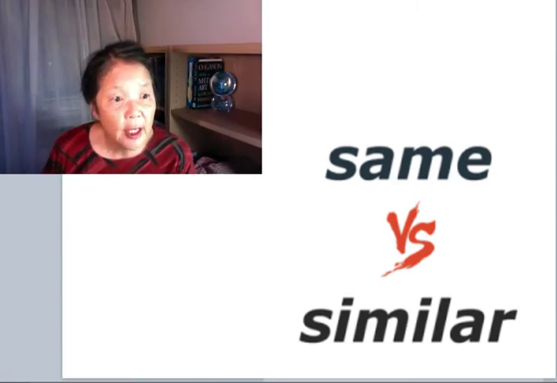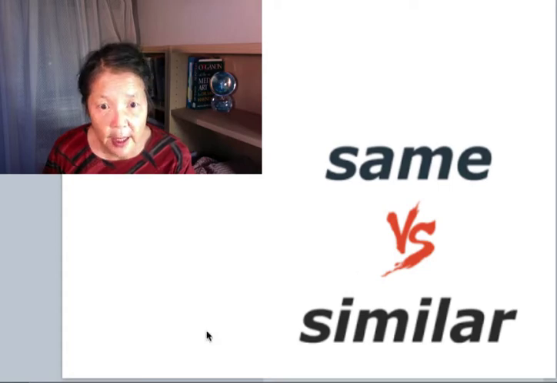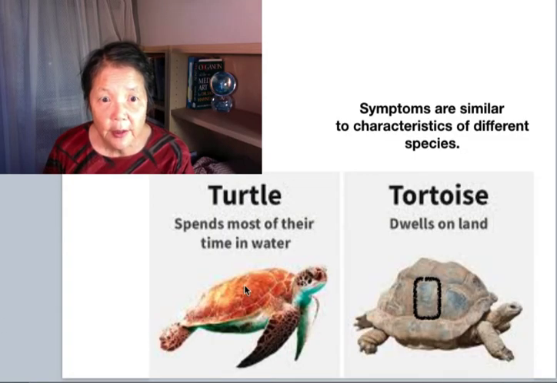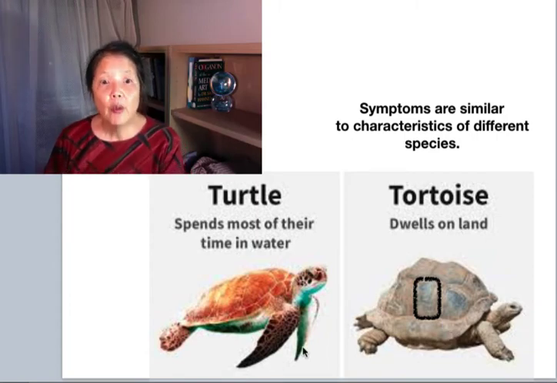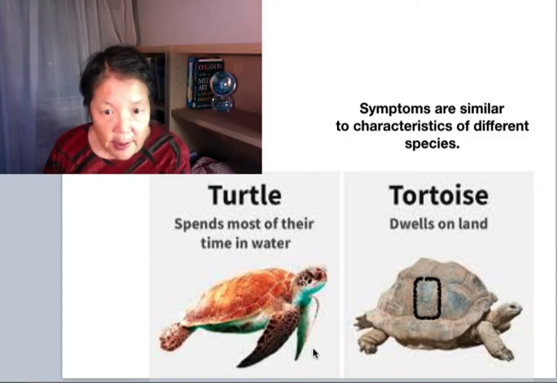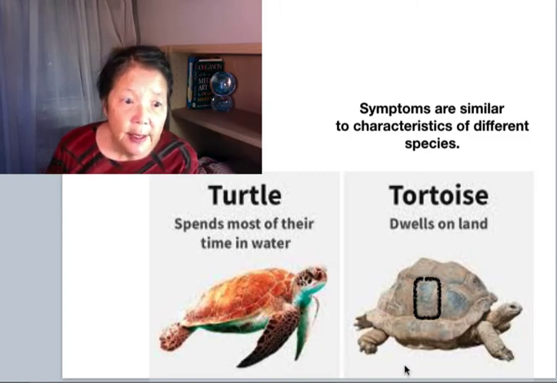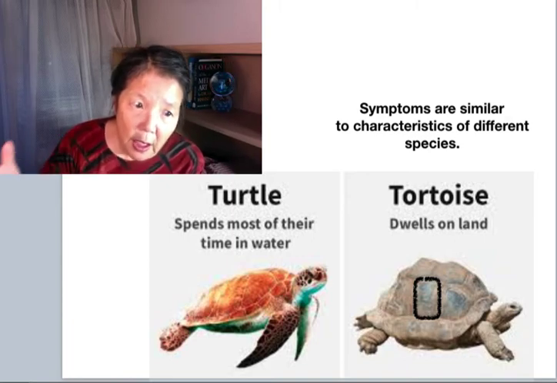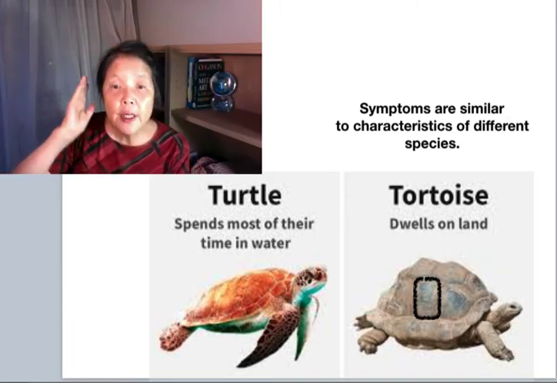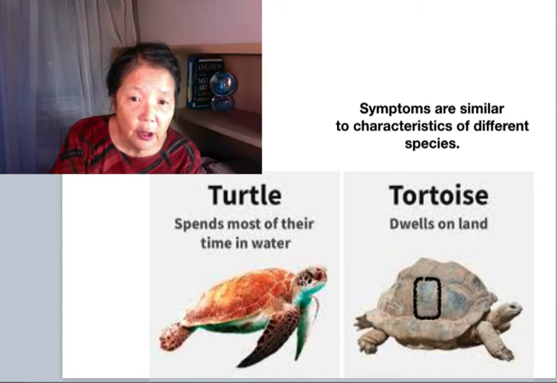So I hope now that you definitely feel that same is not the same as similar, right? That these two animals are similar. They're not the same. And when we're talking about sicknesses, symptoms are evidence of pathologies. It's not necessary to know the name of that pathology.